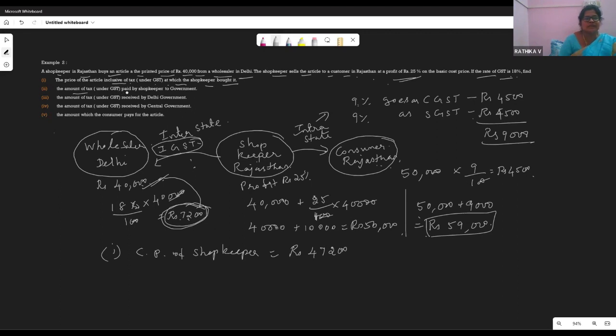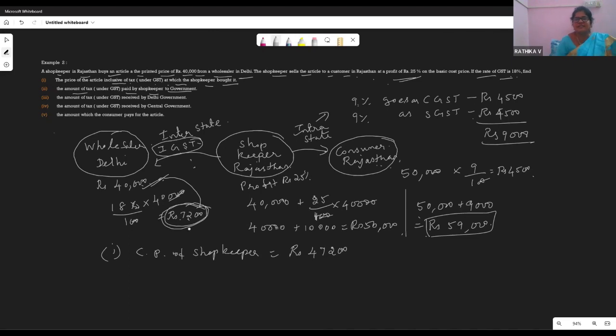Next, the second question: the amount of tax paid by the shopkeeper to the government. When the shopkeeper is the middle person, how much money he pays to the government comes from output GST minus input GST. That is the calculation formula we have to use.